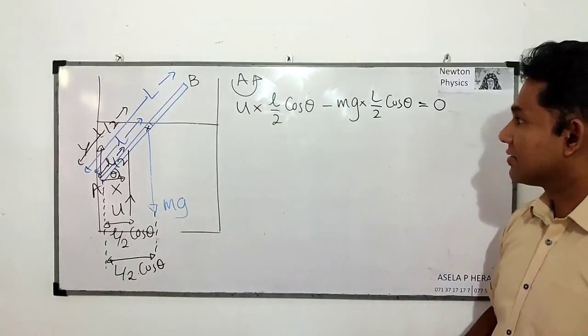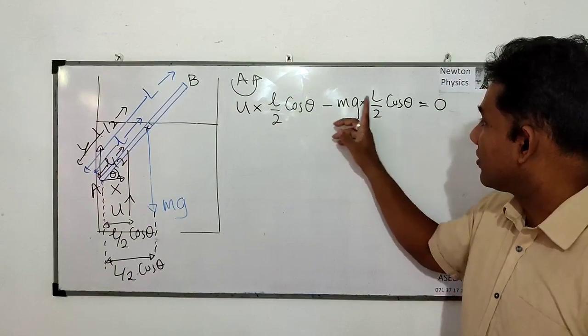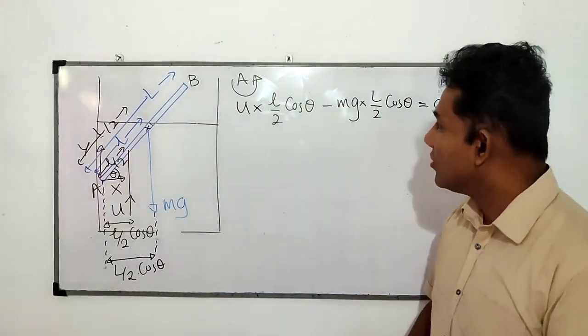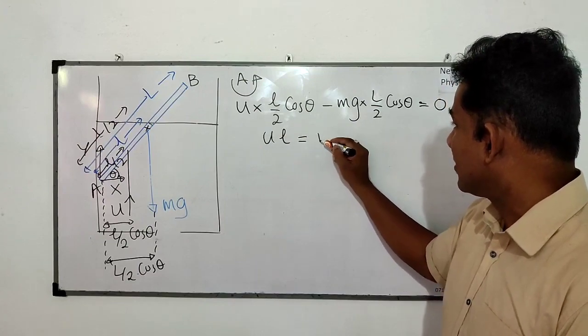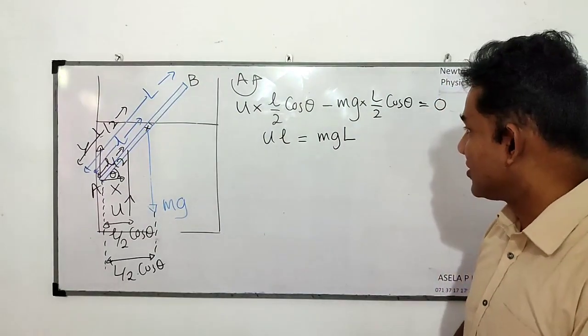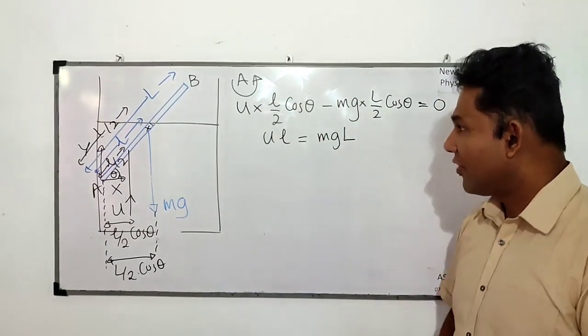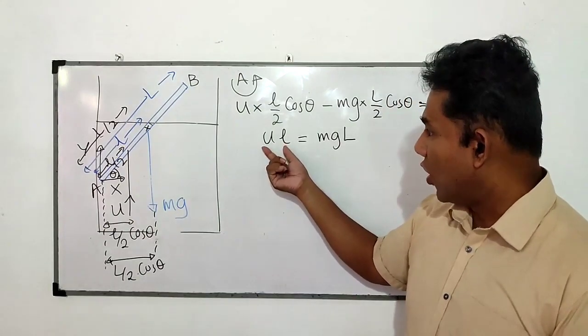Now you can cancel the fraction half and also cos theta. You will get UL equals MGL. This is the relation. Now I am trying to take the upthrust on the rod.